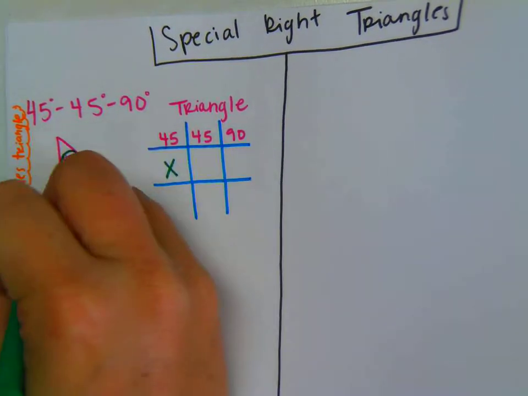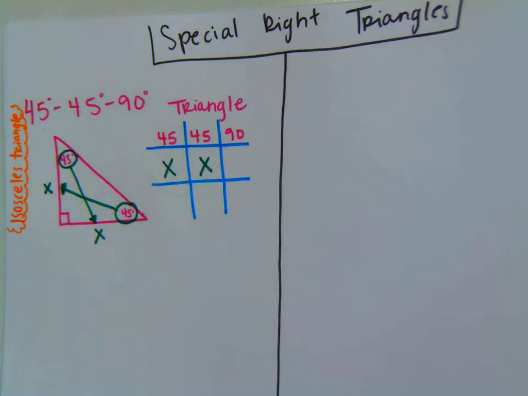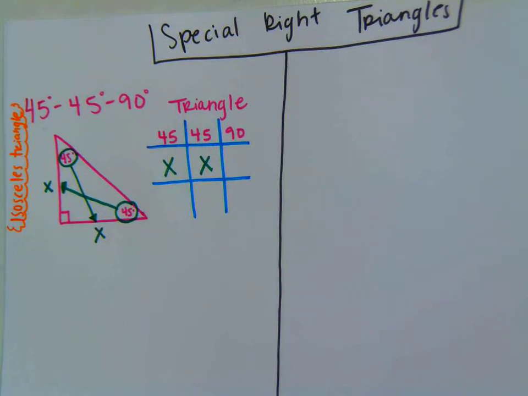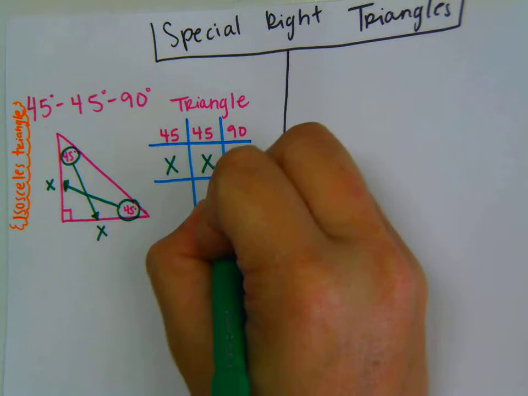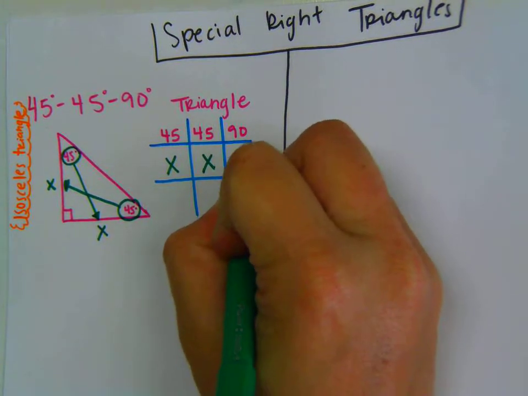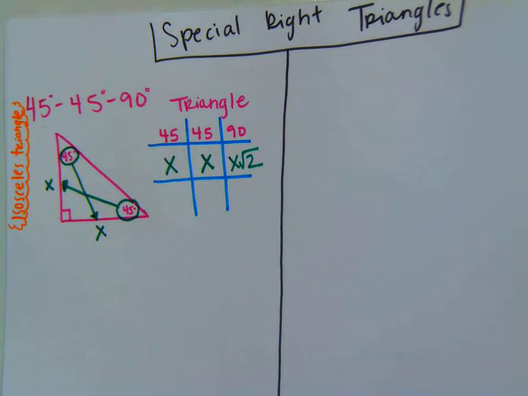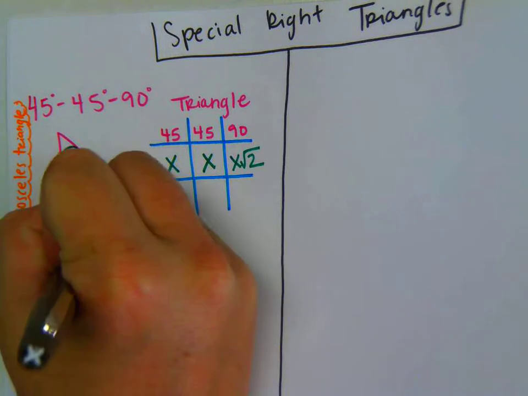X, because they're going to be the same because it's isosceles. So we have x, x, and then the only other different one is across from the 90, which is x root 2. And x can be any number.